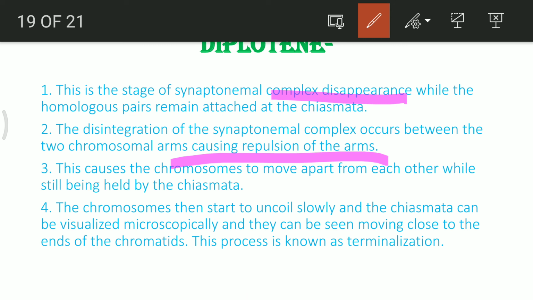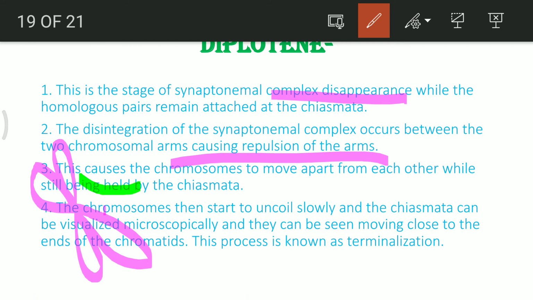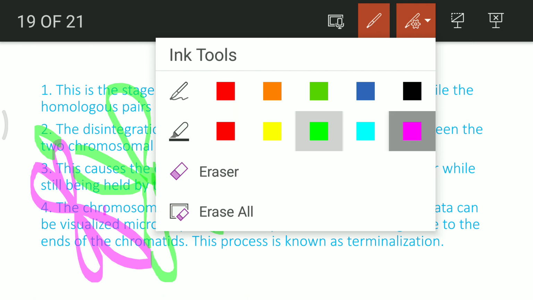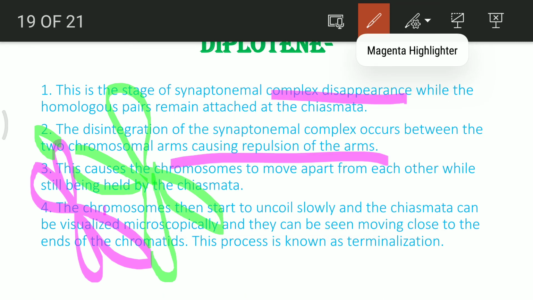When I'm talking about two, suppose this was the paternal chromosome, and this is the maternal chromosome. Now, when I'm saying repulsion, the repulsion is actually occurring in this as well as this chromosome.